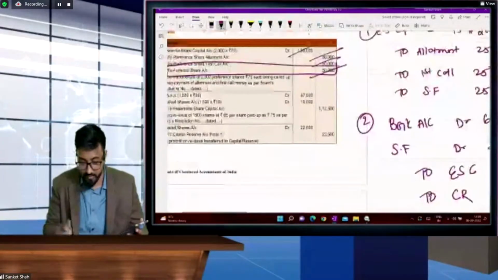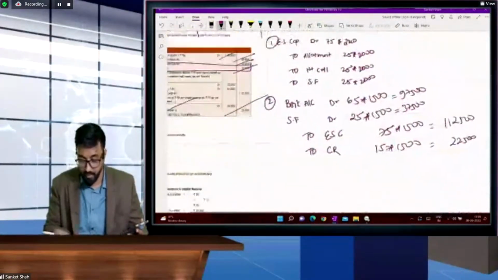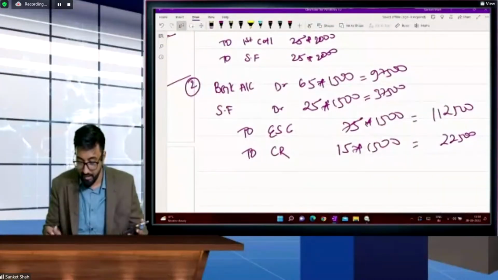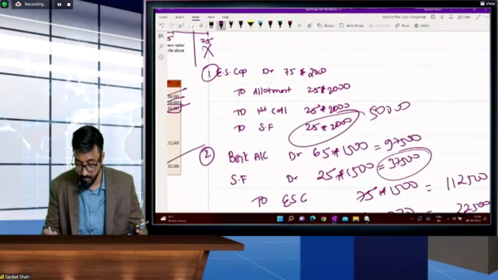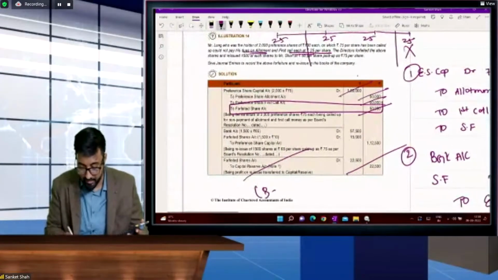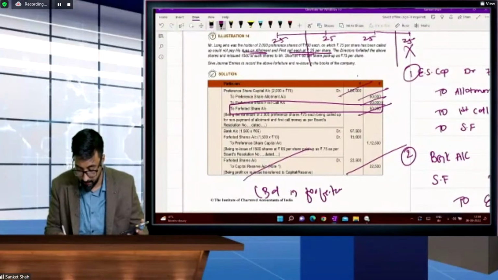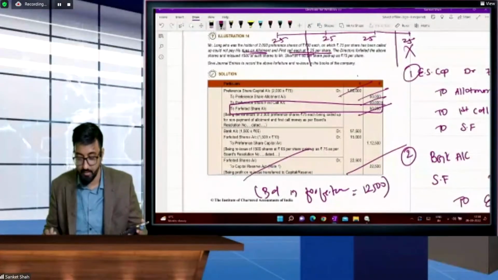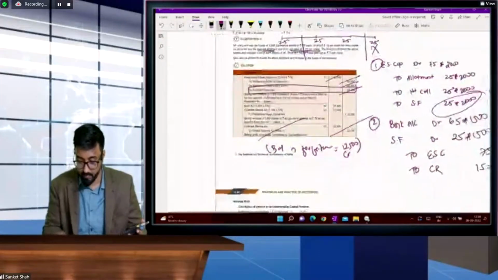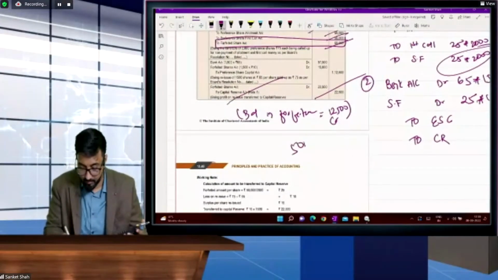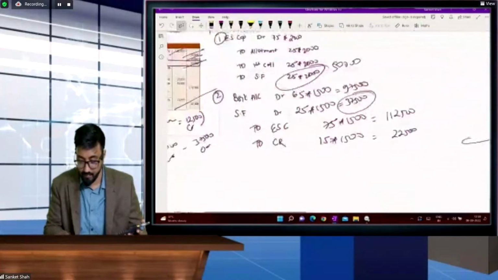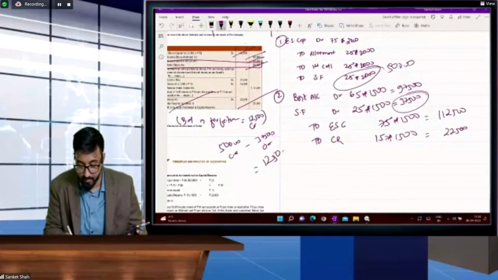So capital reserve 22,500 and balance in forfeiture 12,500. 50,000 credit and 37,500 debit. And how is this 12,500 beta?